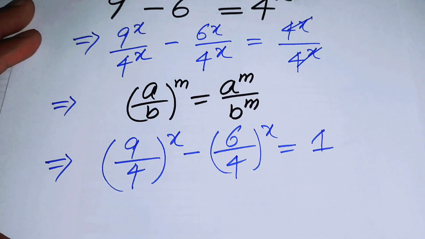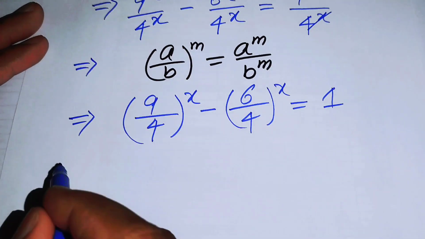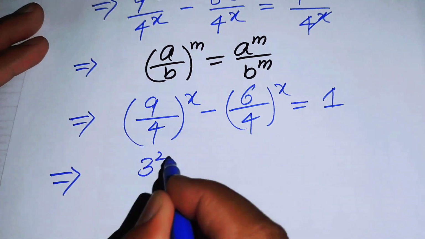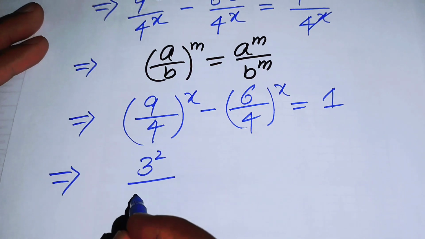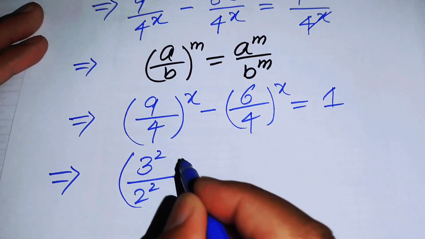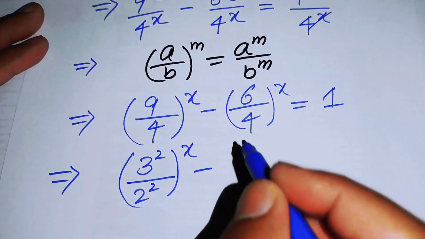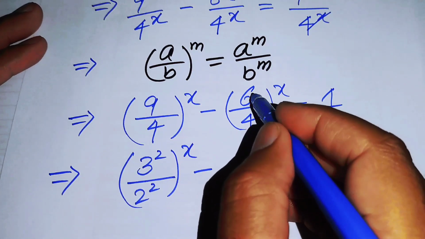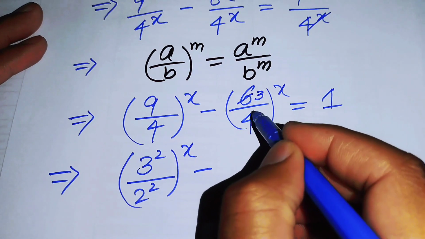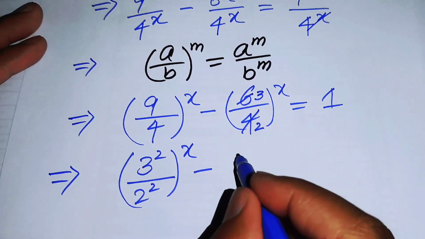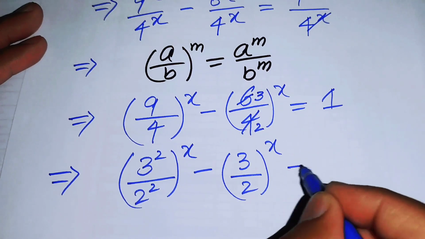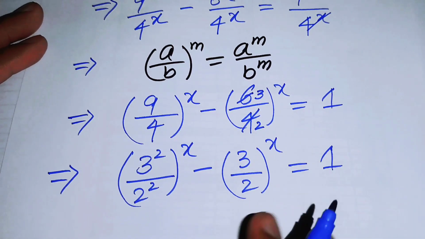After that I can rewrite 9 as 3 square and 4 as 2 square, and the whole power x minus, these are cancelled out by the double of 2, so 2 3s are 6 and 2 2s are 4, so here you get 3 over 2 to the power of x is equal to 1.